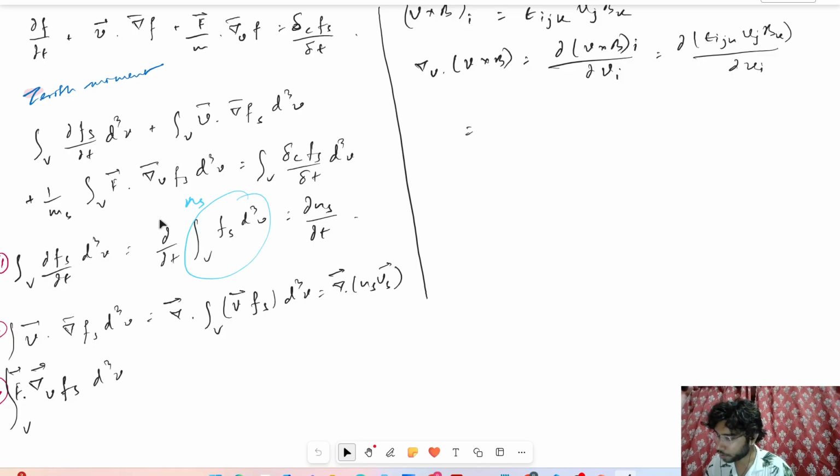And that will be epsilon ijk bk del Vj over del Vi, right? Because the magnetic field does not depend on the velocity, so this will be epsilon ijk bk, and del Vj over del Vi will just be delta ij, right?